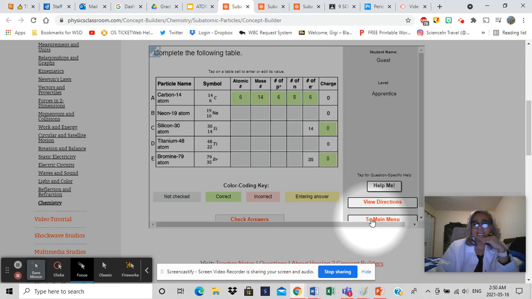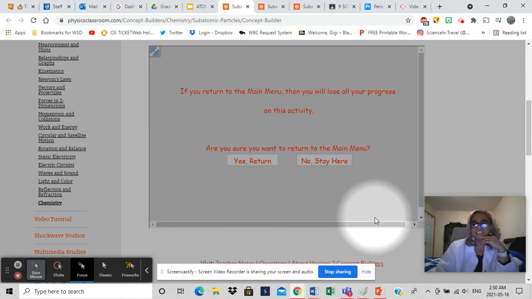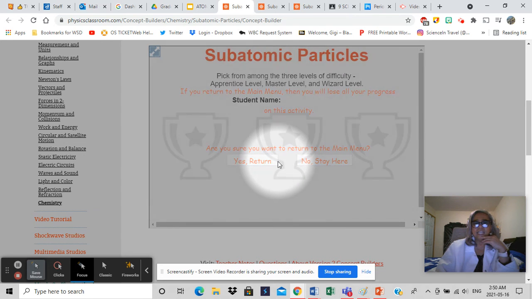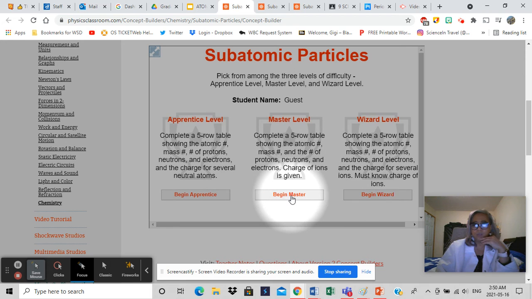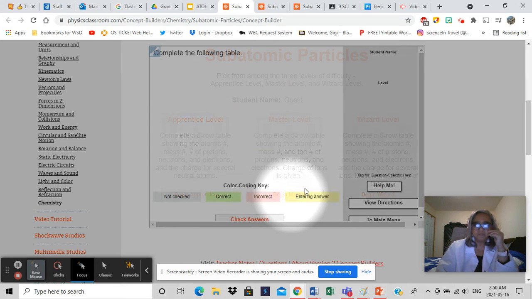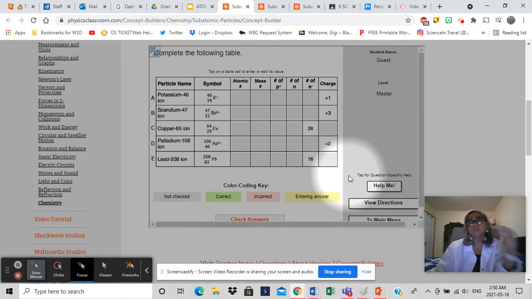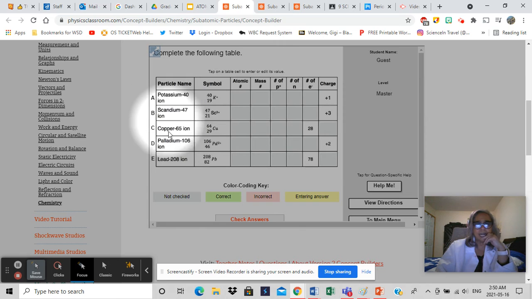So let's see. I exit this. And then let's try and see what we have here. But of course, I want you to complete all the rows there. And usually you have 5 rows. Okay. So here, all of these now are ions.